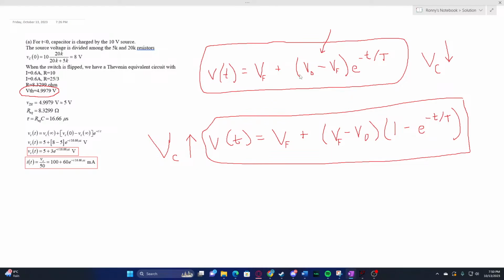So you have this side of the equation, that's the final voltage that it's going to be after a certain amount of time. This section here represents the change in voltage over time. So basically at t here, at this t, not this t, this is a different t.